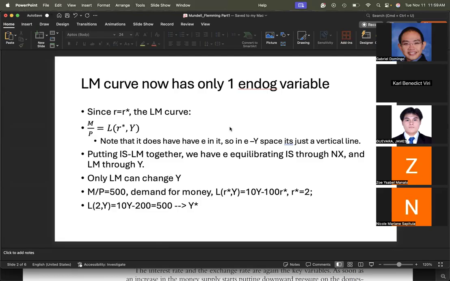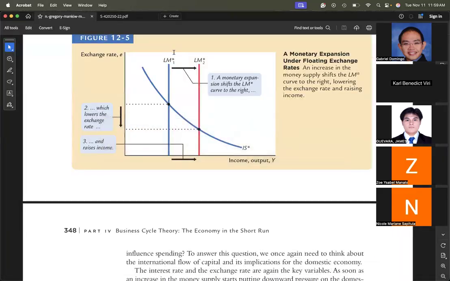And the only way demand can rise here is not R anymore kasi R star is fixed. Ano na lang only way for demand for money to go up? It's an increase in Y, right? So that's exactly it. So ganun lang siya kasimple. And that's why in the picture, Y has to rise because if money supply goes up, Y has to go up to equilibrate the demand and supply for real money balances.